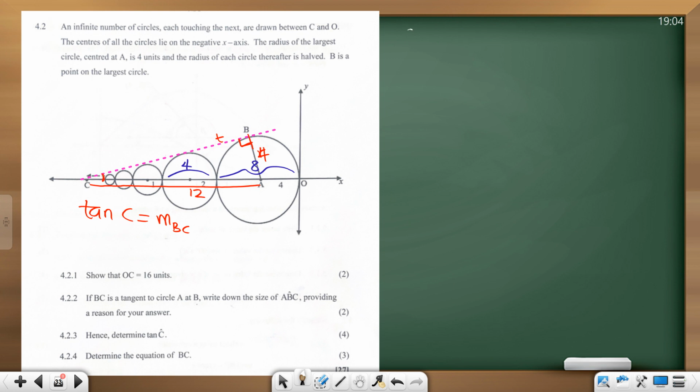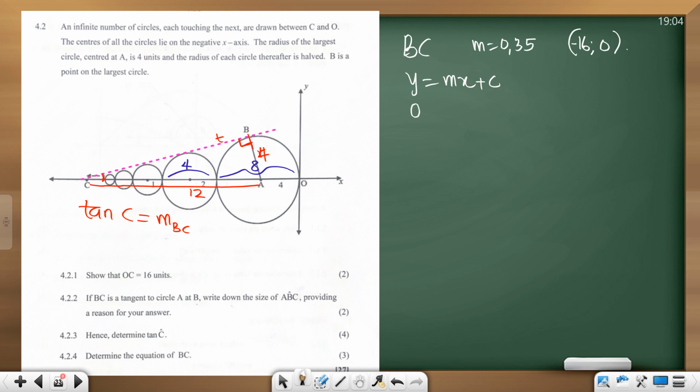So, gradient, equation of BC. Y equals Mx plus C. What is our gradient? 0.35. And which point are we using? Point C. X value is 16 and Y value is 0. Makes sense, everybody?